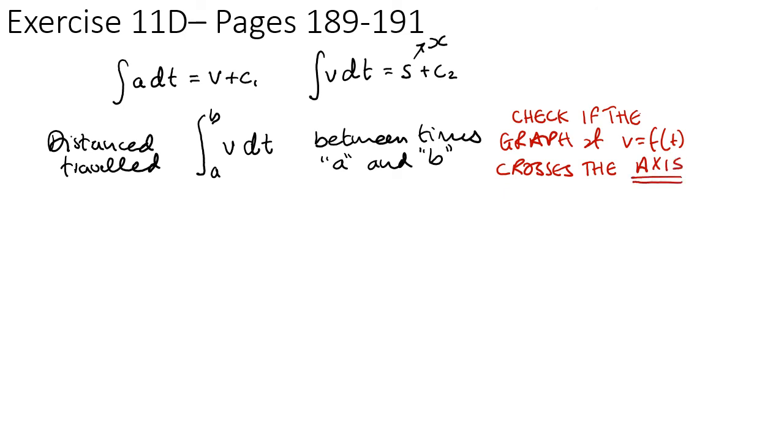You'll need to check that, because if it does, and you do your integration, you're going to have to do the two bits separately for the distance. So you're going to have to do this bit here, maybe this bit here, do them separately.